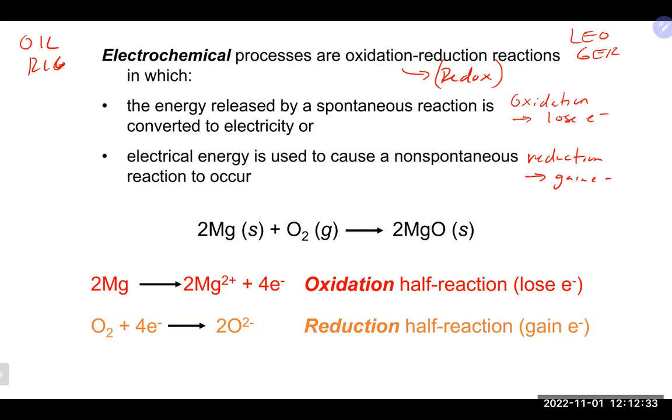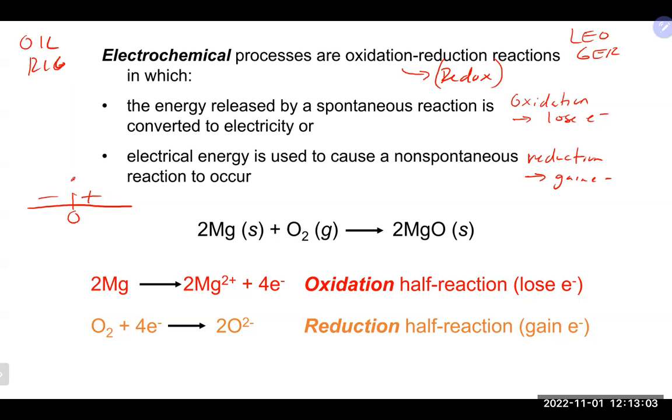So one very simple way to determine what is happening, is something being oxidized or something being reduced, is just a simple number line. On a simple number line, there are positive numbers to the right, negative numbers to the left of zero. And obviously, if you are losing electrons, will you become more positive or more negative? You will become more positive as you lose electrons because you have more protons.